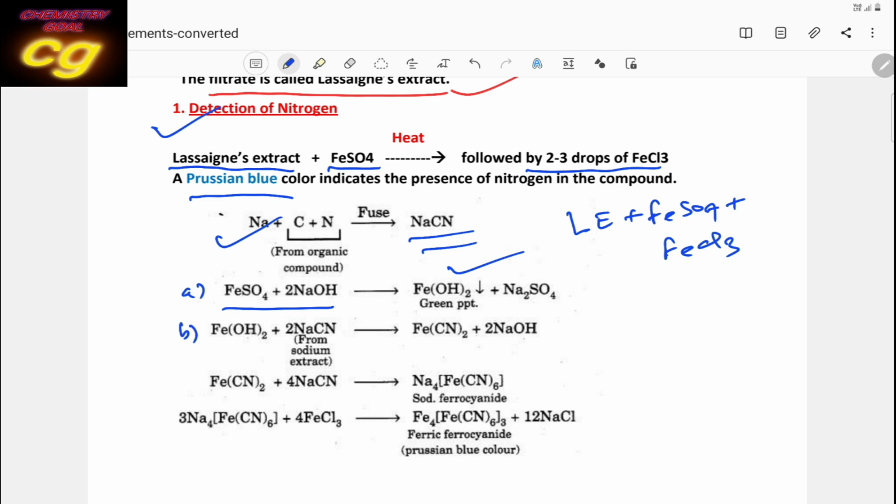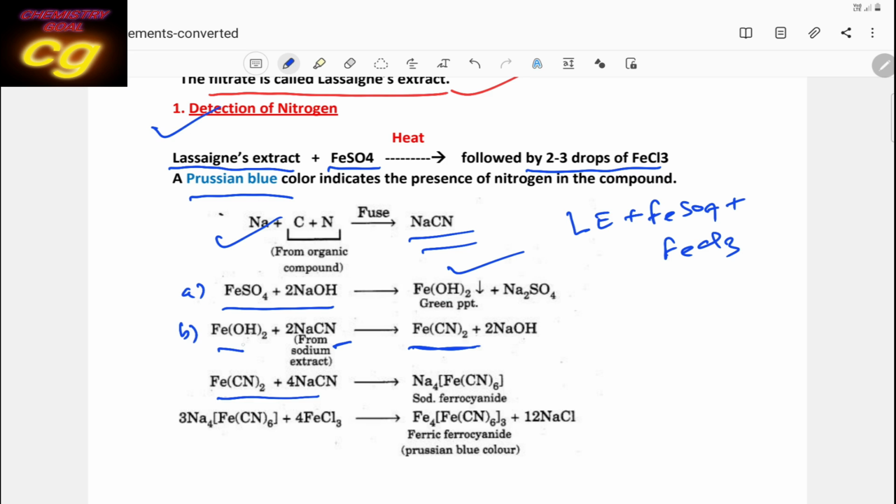Then in the second step, this ferrous hydroxide reacts with the sodium cyanide in the sodium extract forming ferrous cyanide. This is a composite reaction, taking place step by step. First, ferrous sulfate converts to ferrous hydroxide.